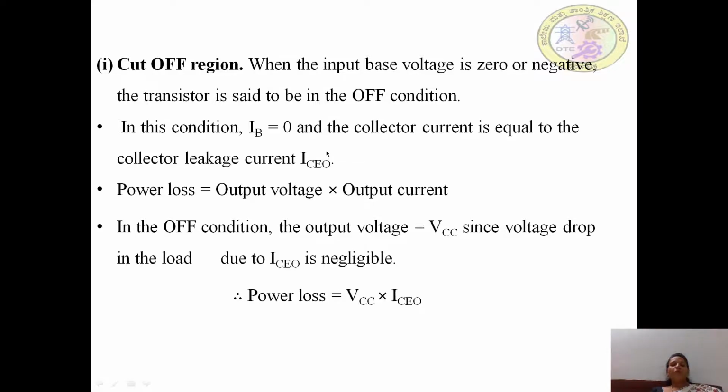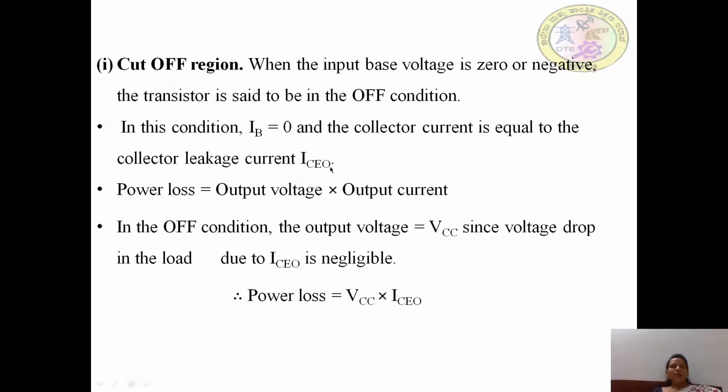O stands for open emitter, because since we are not providing any voltage at the base emitter junction, it is treated as open circuited.